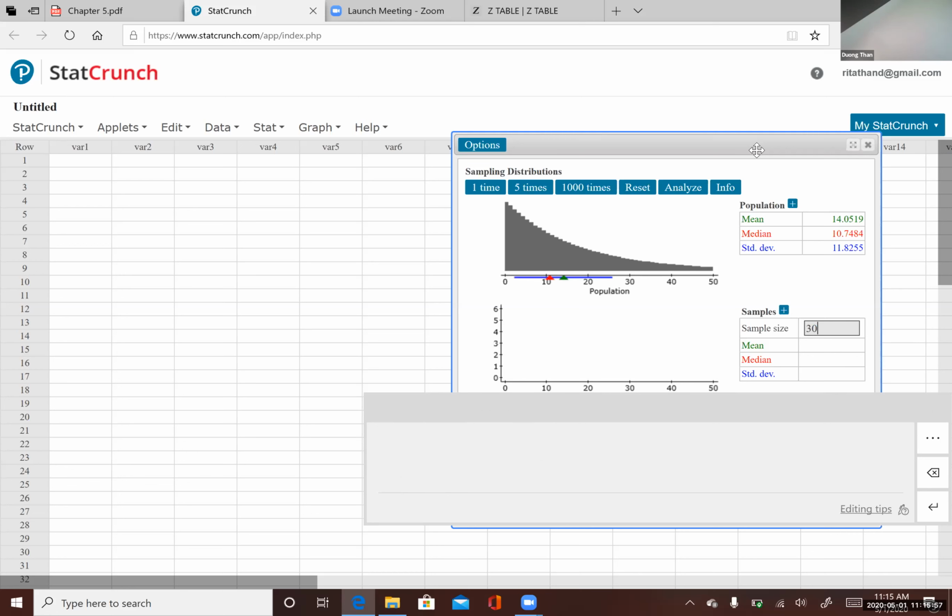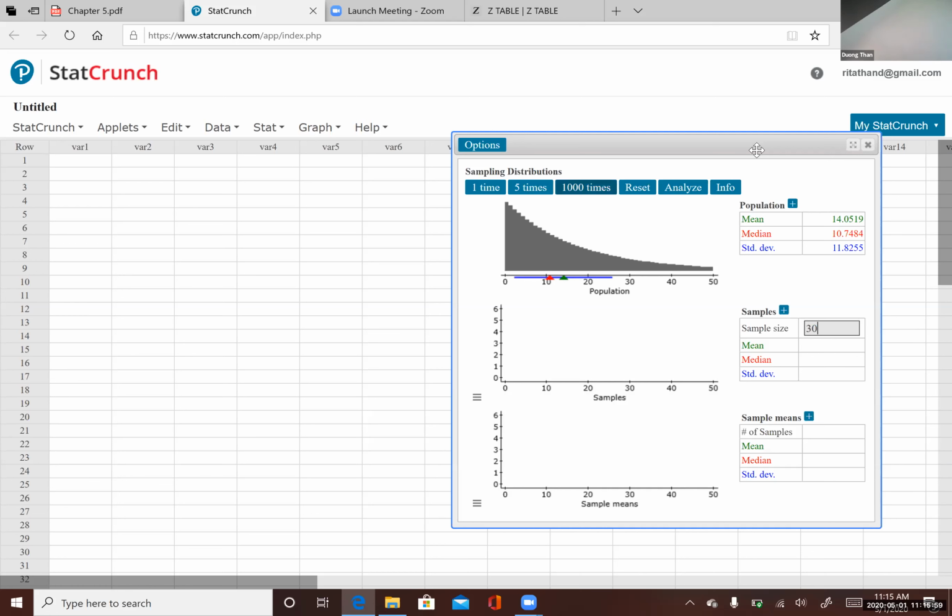And then I'll run it 1,000 times. See what happens. What happens is you have the same population distributions, but your sample means change. How does it change? It changed from a little skew-right distribution to a symmetric distribution, or a bell-shaped curve distribution here.